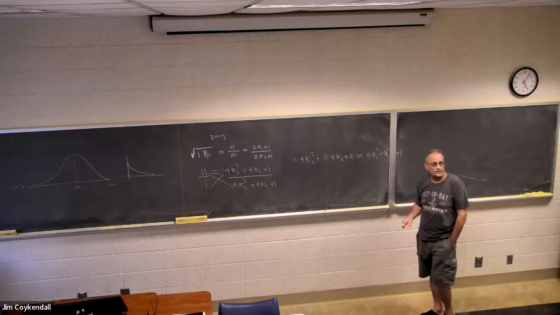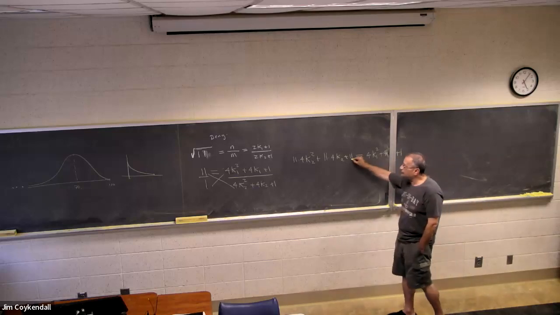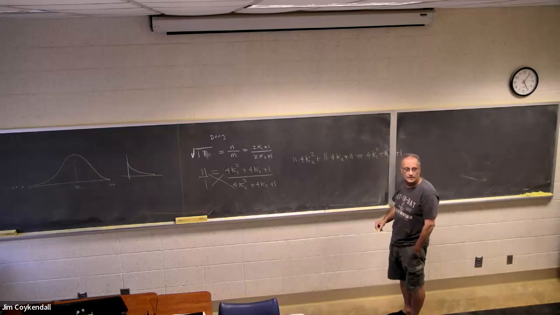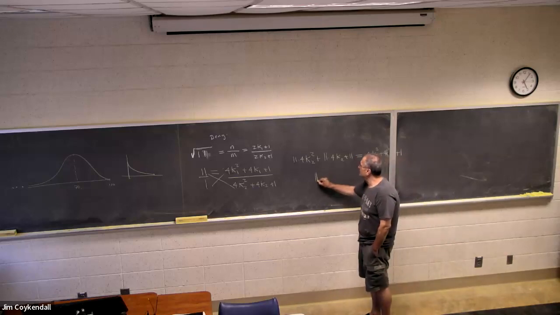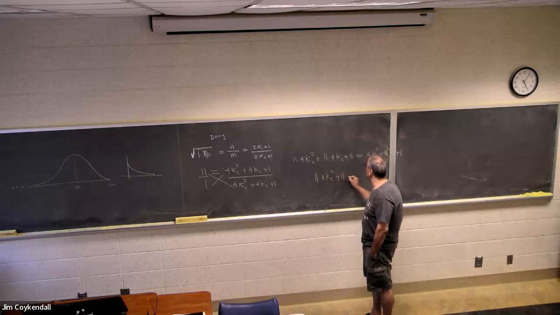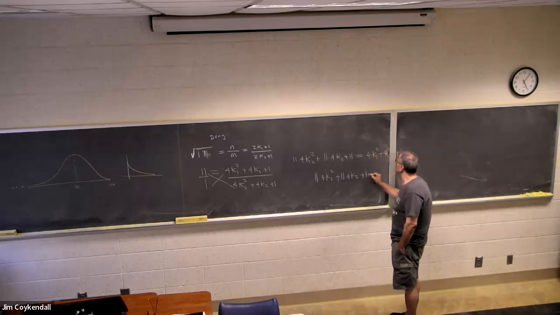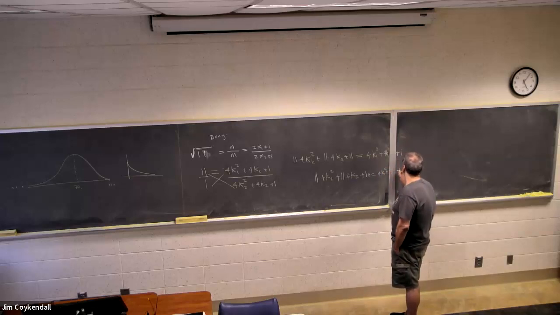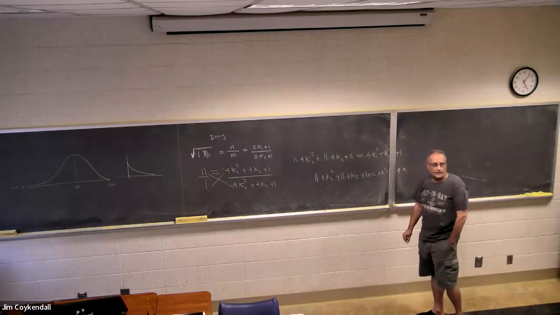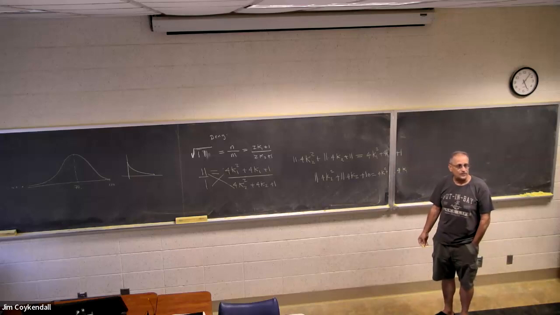Can I move the 1 to this side? So what you end up with is 11 times 4k2 squared plus 11 times 4k2 plus 10 equals 4k1 squared plus 4k1. You see the contradiction now.